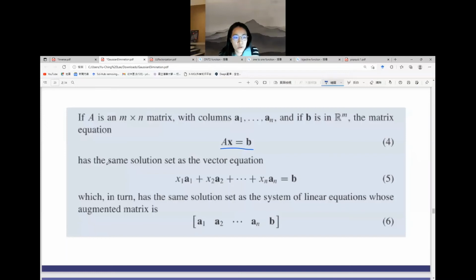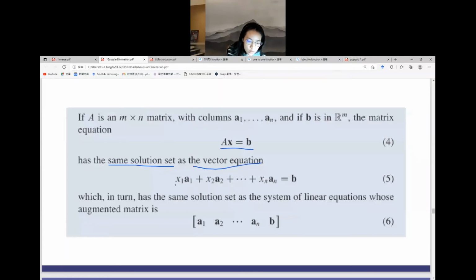And then the solution set will be the same as the vector equation. Here the vector equation is similar to a linear combination of a1, a2 to an, right?